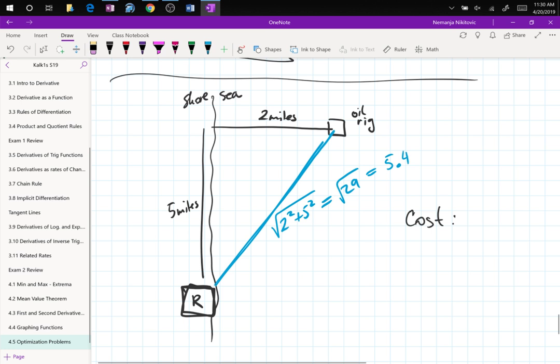So what about these pipes? Well, let's say that the cost for ground is 200,000 per mile, and underwater, I'm just making this up, 500,000.